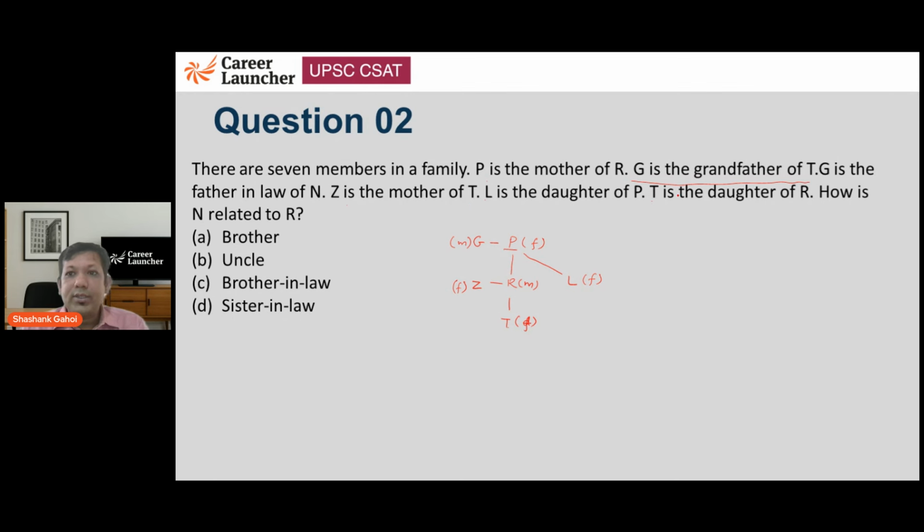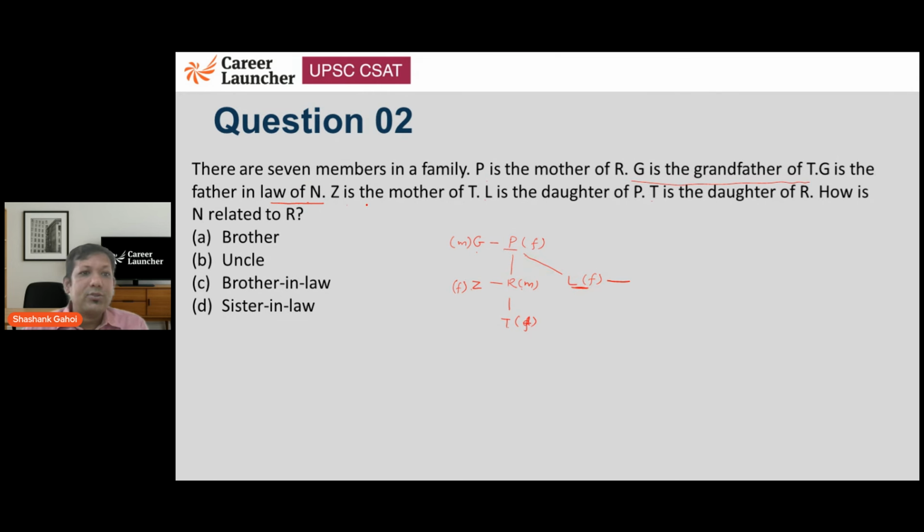Now G is the father-in-law of N. अपन ये बोल सकते हैं कि Z का तो ससुर है. Z's husband's father is going to be a father-in-law. लेकिन it also says that G is the father-in-law of N. It means G को कहाँ पे place कर सकते हैं? G should be either the husband of L, or it can be any other person.